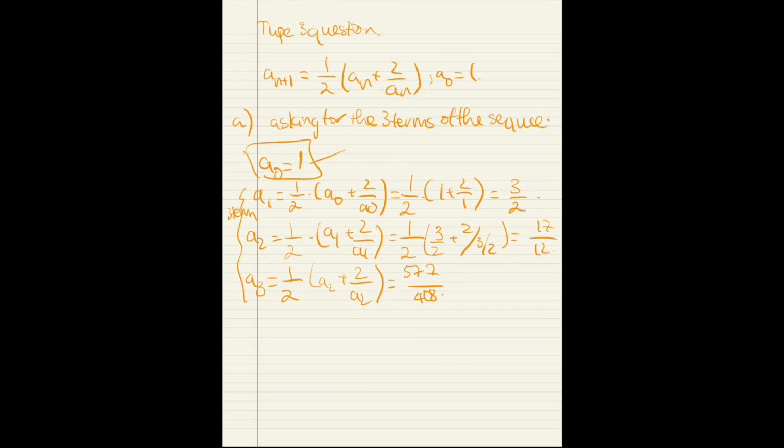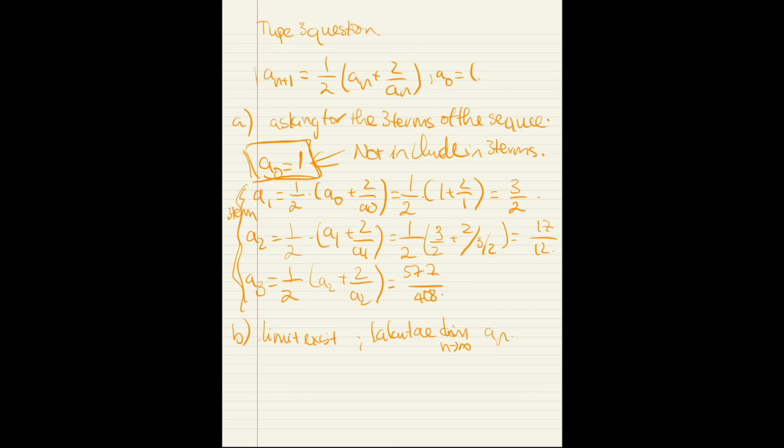Don't include this one in the first three terms, so don't put it in, though you can write it in here, but this is how we calculate the first three terms. For the second question, they are going to ask if the limit exists, calculate the limit as n goes to infinity of a of n.